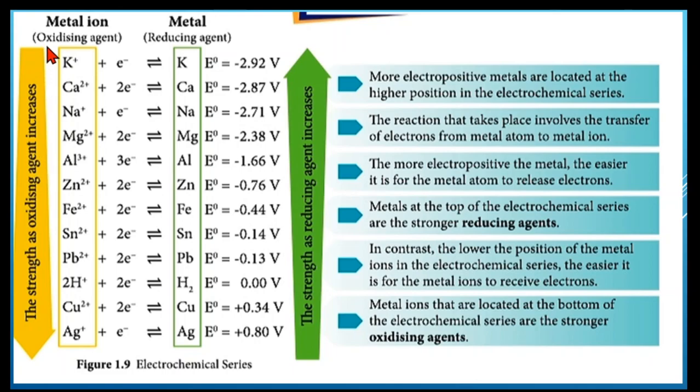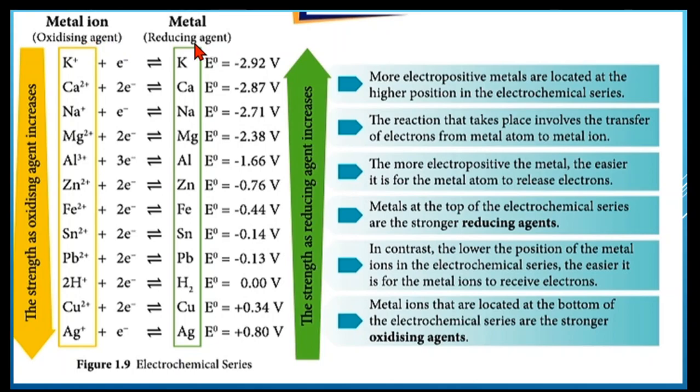Okay? Down the electrochemical series, the strength of oxidizing agent increase. This one is metal ion. Dia akan receive itu elektron. So dia akan mengalami reduction. So ini adalah oxidizing agent.